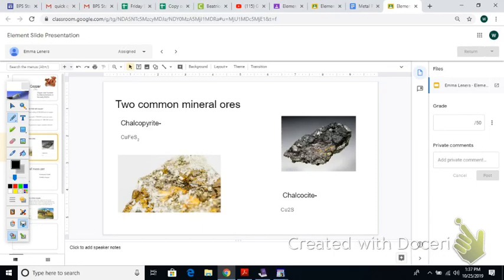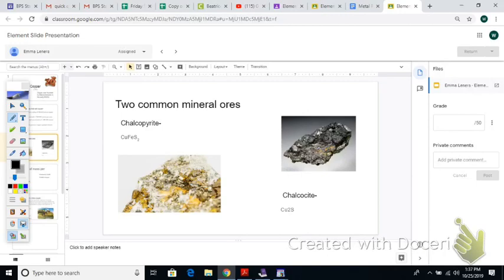She has copper, she has the 2 minerals, she even showed pictures of what they look like. That's the mineral ore that they come from. One of her minerals is chalcopyrite, CuFeS2.